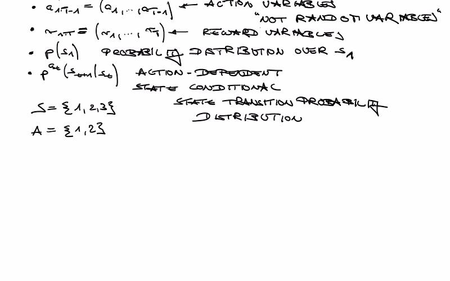For each action, a_t being some action, it encodes the probability that the state variable S_{t+1} takes on the value, let's call that i, given that the state at time t is j.